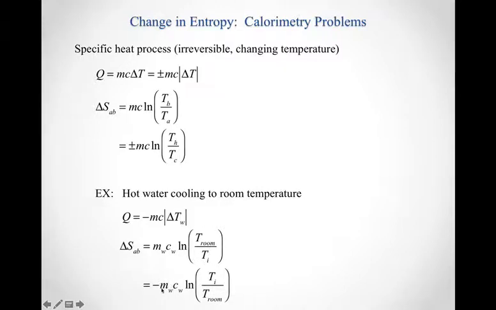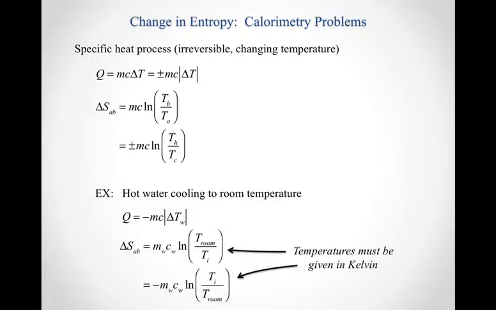I pull that minus sign out front because the minus sign here and the minus sign here have got to be the same, and then it's mass of the water times the specific heat of water times the natural log of hot temperature, its initial temperature, divided by cold temperature, that was the room temperature. Got to remember, of course, these temperatures have to be given in Kelvin. So that's how we would calculate out the entropy change for the water.